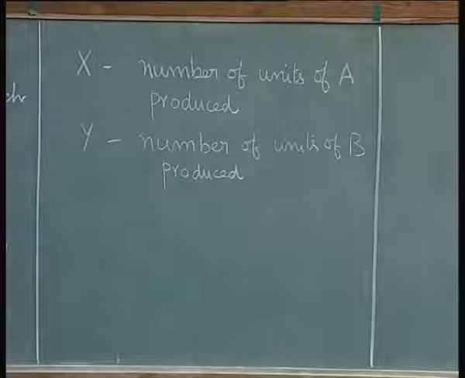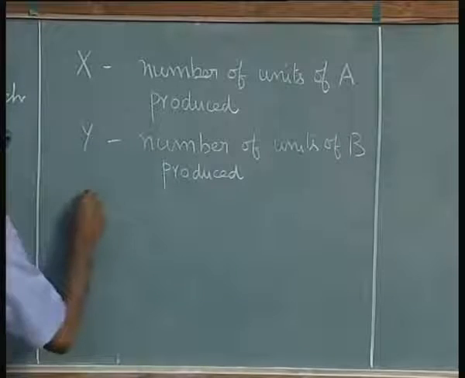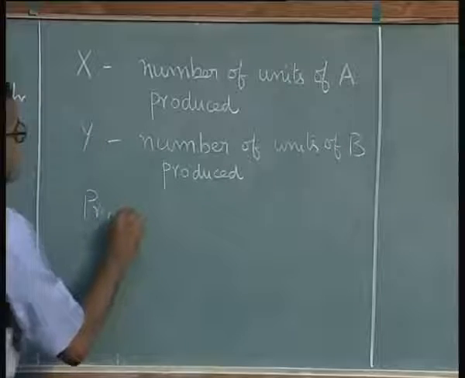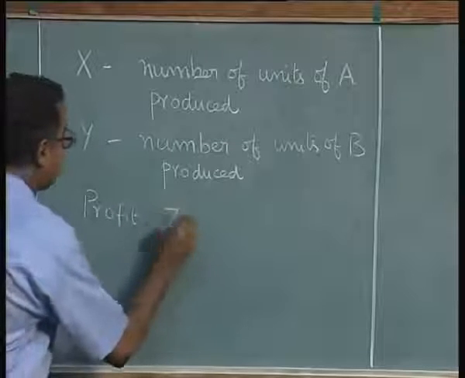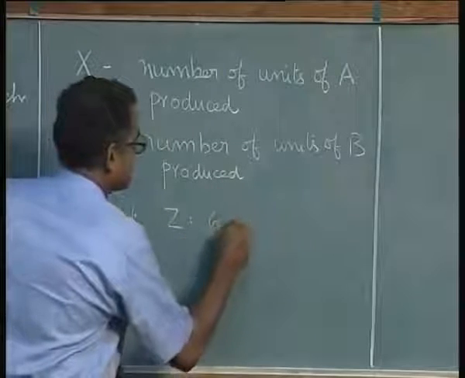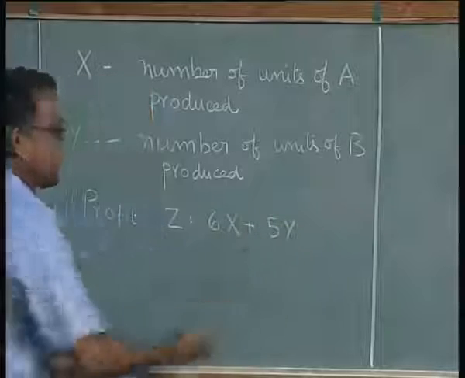So if the manufacturer produces X units of A and Y units of B, then the money that the person makes or the profit that the person makes, which we call Z, will now be 6X plus 5Y.